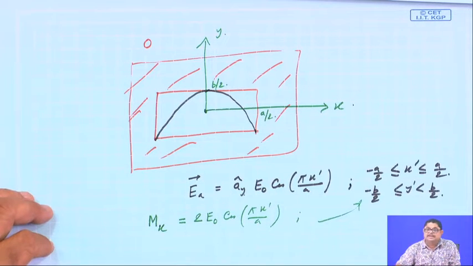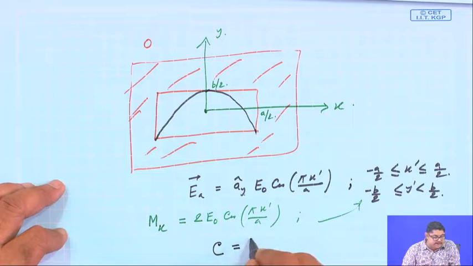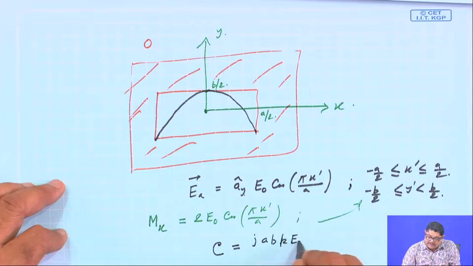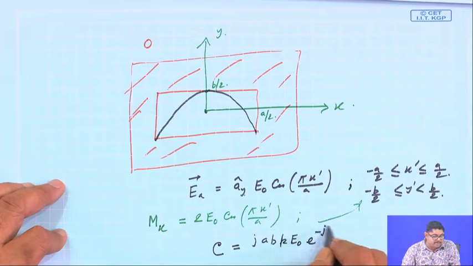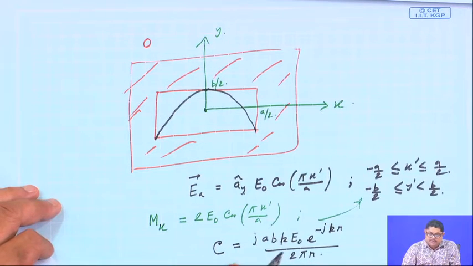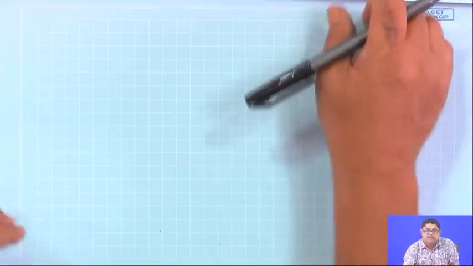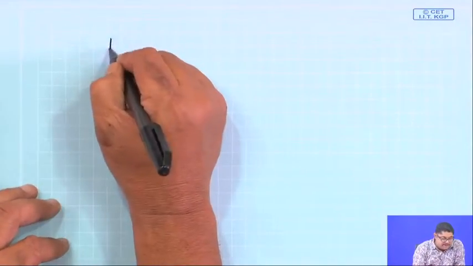Since it keeps coming regularly, we can put that as a constant C, which is j a b k E0 e to the power minus j k r by 2 pi r. This was always coming, so we are putting it as a constant C. In terms of this, with the help of those formulas, we can proceed.